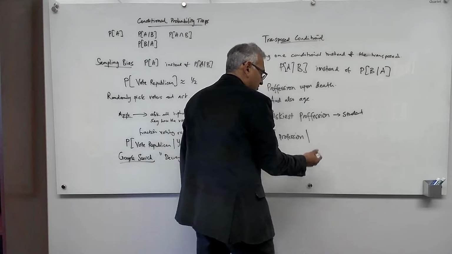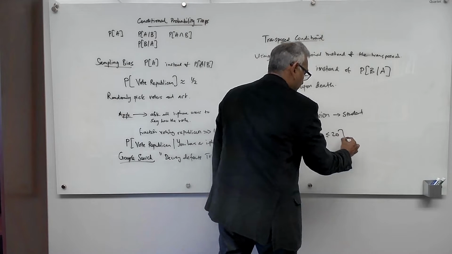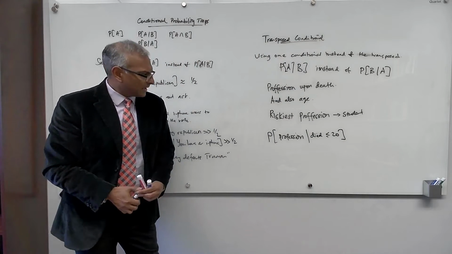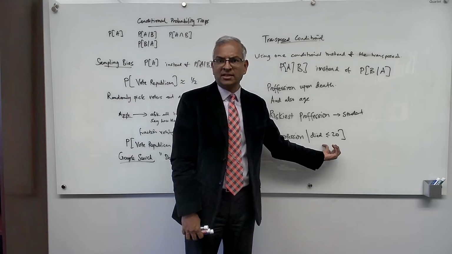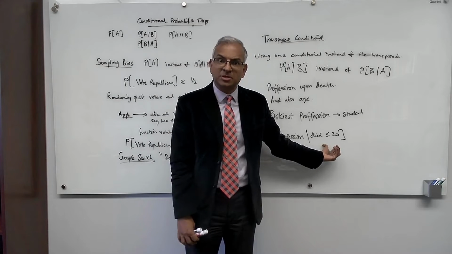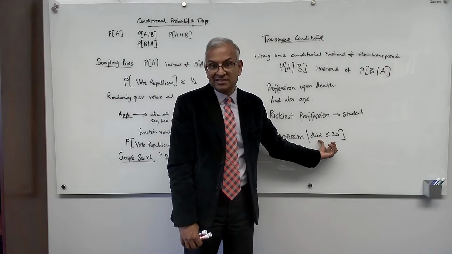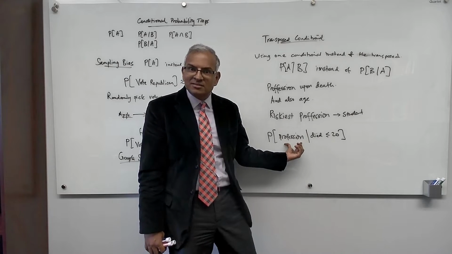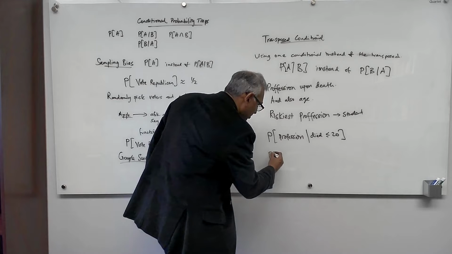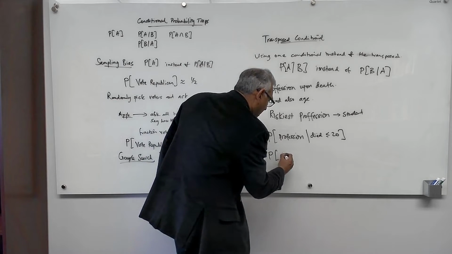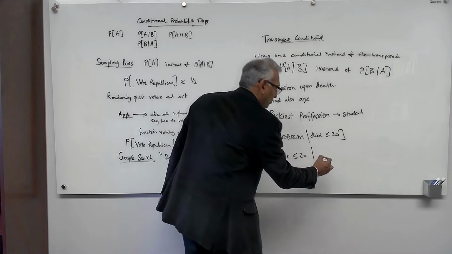So given that you died at less than or equal to 20, no surprise, most of those people are students, because you haven't had time to do anything else. What Lombard actually wanted was the probability that you die at age less than or equal to 20, given your profession.